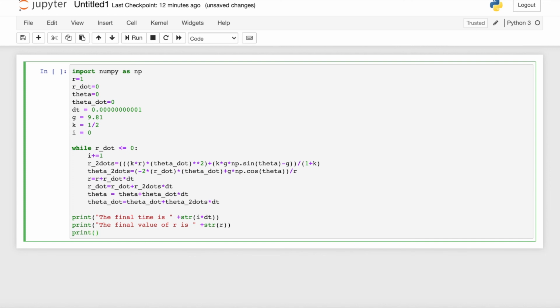And finally we print, we want to know the angle theta has gone through. So that would be the string goes through an angle of theta. And now we let it run.